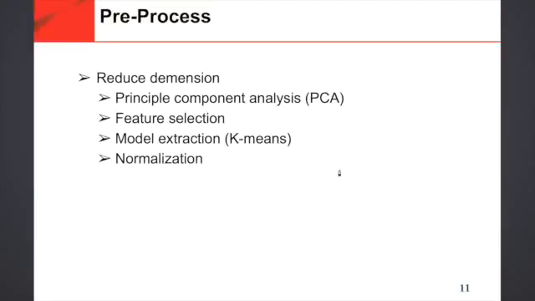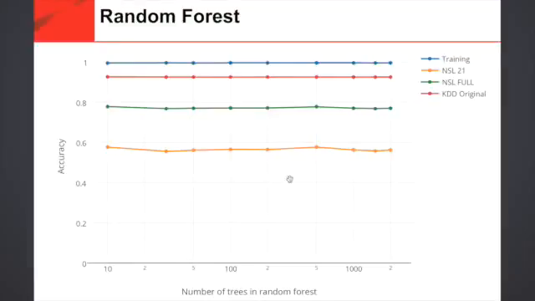So we need to do a normalization first, then we can continue to apply other methods. So the first level of my classifier is to classify the normal and attacks.